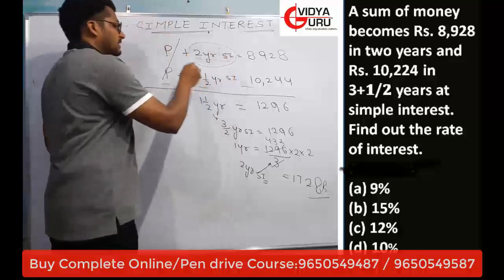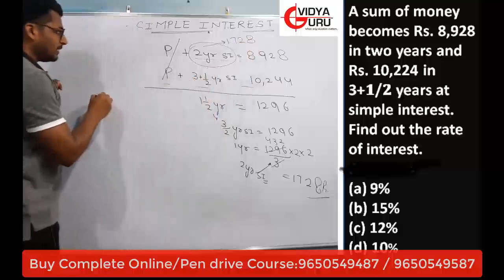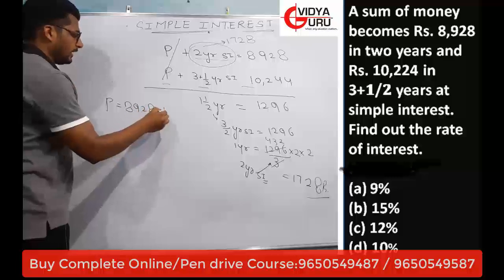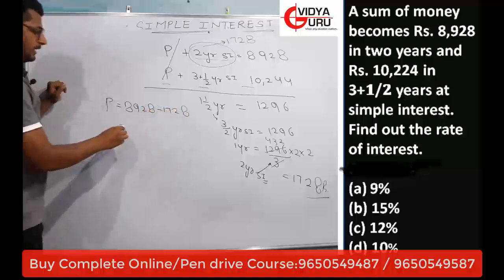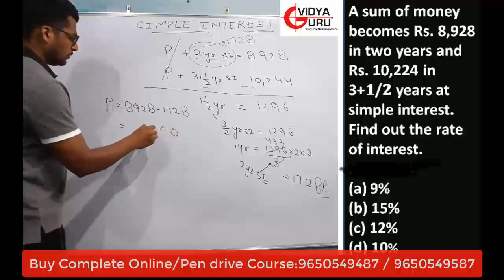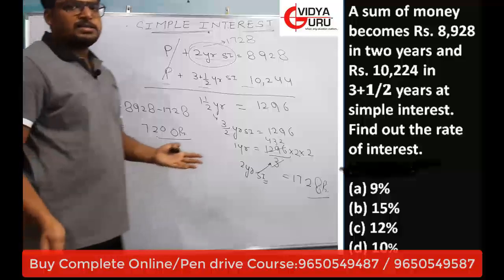If I put this in this equation, what will be the principal? Principal will be 8928 minus 1728, which will be nothing but 7200 rupees.